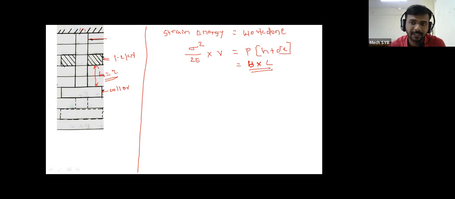That means first the load will cover the height, because the load is falling from above, so it has to cover a certain height, and due to the application of the load there is some deformation.